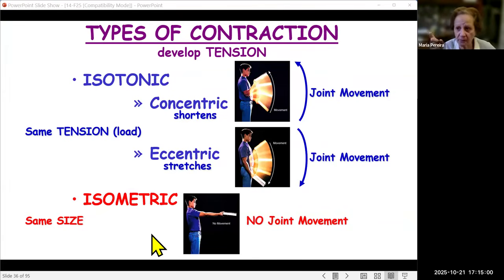So the force, remember, the force changes depending on the amount of muscle fibers that are recruited. So the force can change. The all or none response is related to the sarcomeres inside the muscle fiber. But the number of muscle fibers can change. And the number of muscle fibers that are recruited will determine the amount of force that is developed by the muscle.